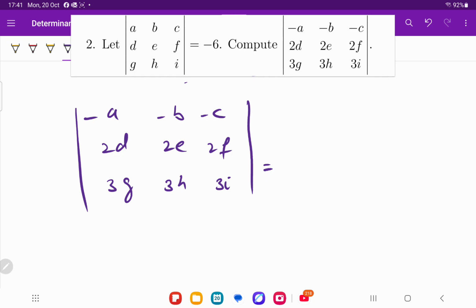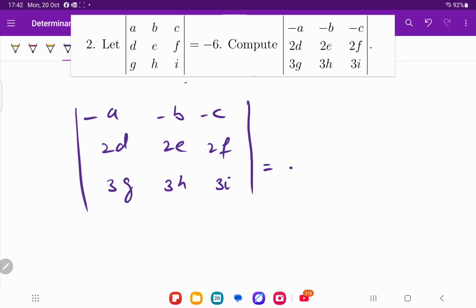For example, minus with A, minus B and minus C. So you could extract the minus sign outside because it is in row 1.